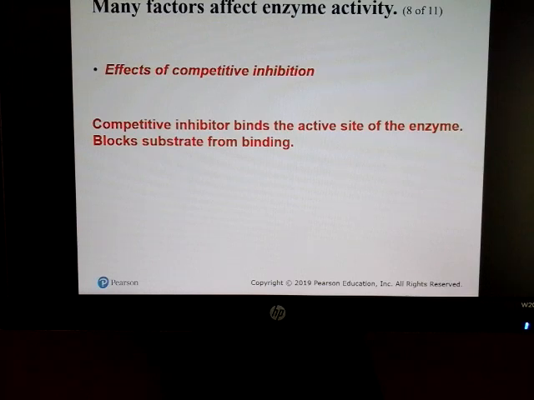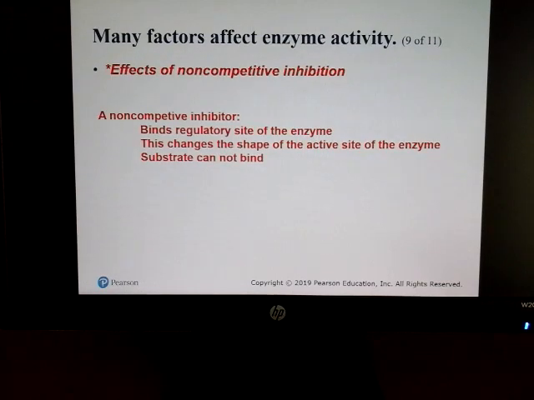Binds the active site of the enzyme, and that will block the substrate from binding. Now, a non-competitive inhibitor binds the regulatory site of an enzyme that can change the shape then of the active site of the enzyme, and then the substrate cannot bind.